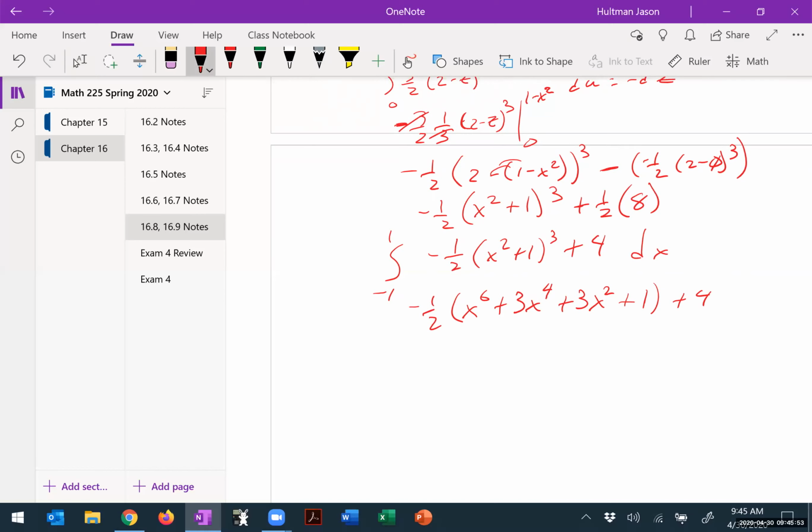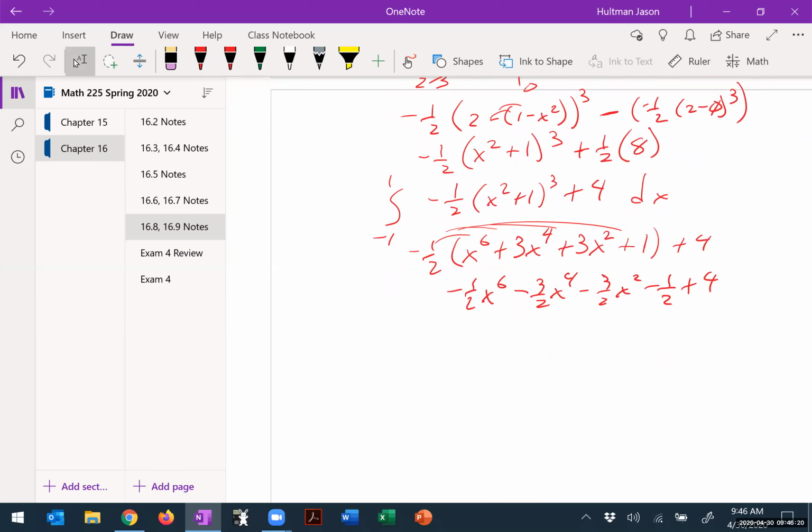I can distribute the 1/2 if I want. I don't have to, but I might do that to clean up the last term here. So this is going to be negative 1/2 x to the 6th minus 3/2 x to the 4th minus 3/2 x squared minus 1/2 plus 4.